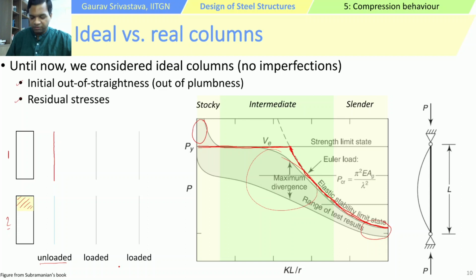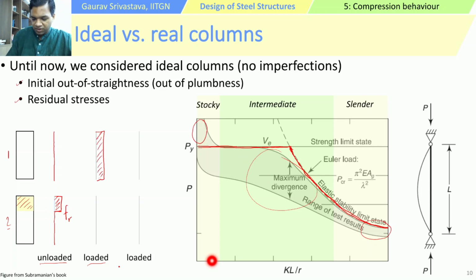Let's say this region is far away from the center of the member. In this case, this region is going to have some residual stress. Let's call it Fr. Even though the member is not loaded, that portion of the member is under residual stress. Now, let's say we load it to a certain extent by a compressive force. In section 1, it will induce a uniformly distributed stress.